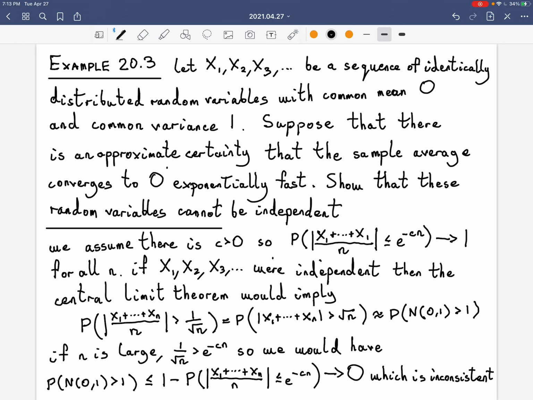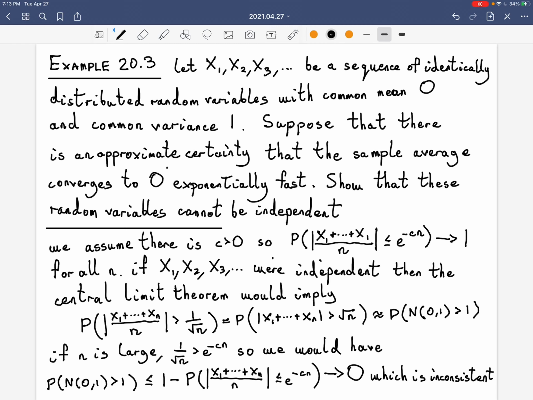So this is a really, really strong kind of convergence to the mean, where the sample average is going to 0 with a quantitative rate of exponential decay.